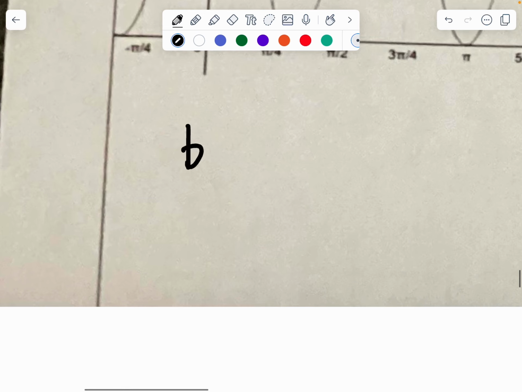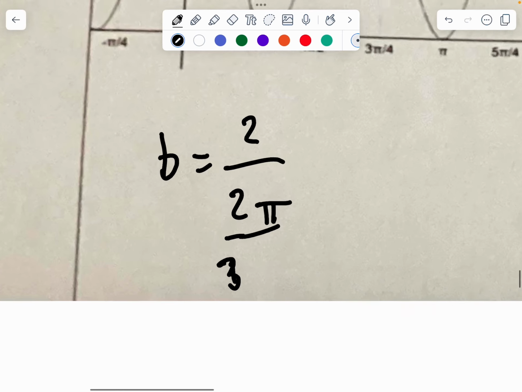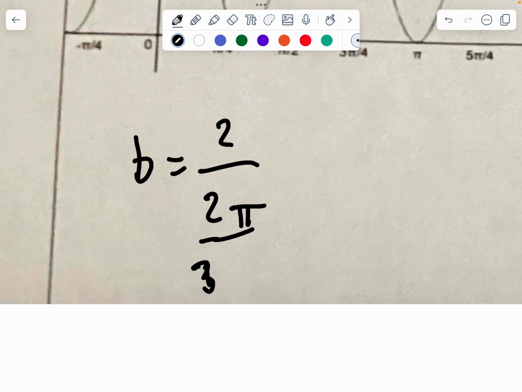So we do b equals 2 pi over the period. Wait, no, we have b equals 2 pi over 2 pi over 3. Alright, now we gotta solve for b. Pretty easy, just multiply by the reciprocal.